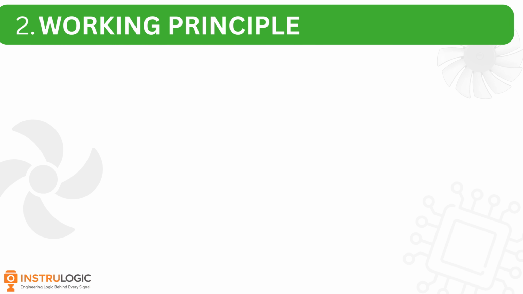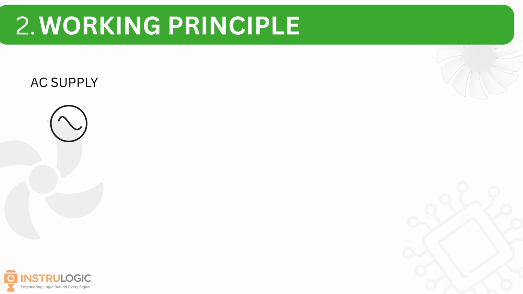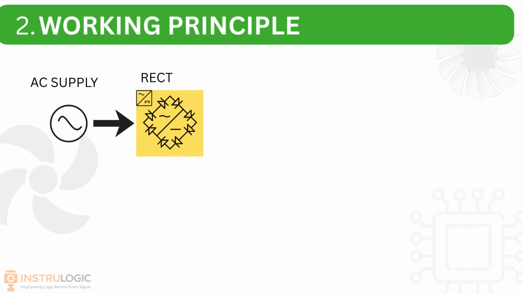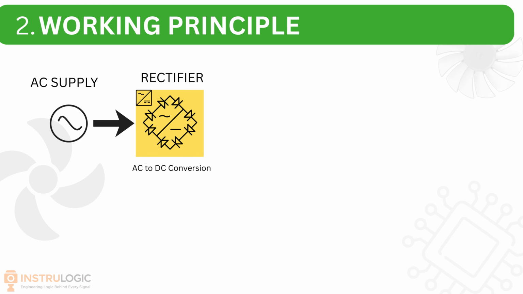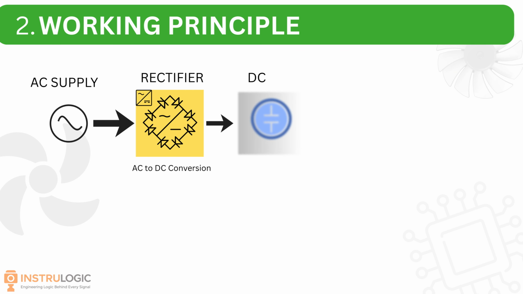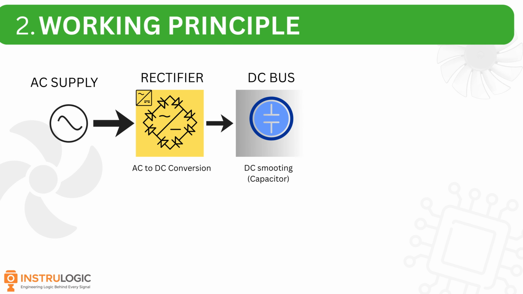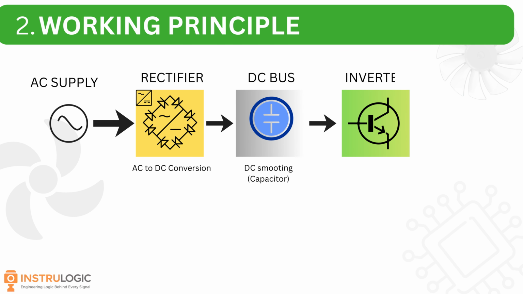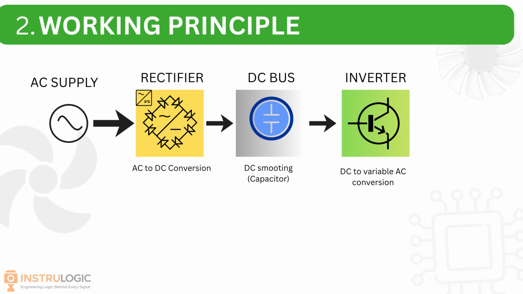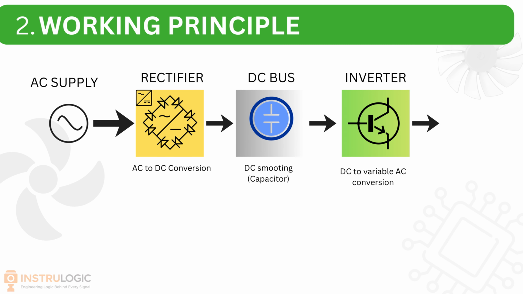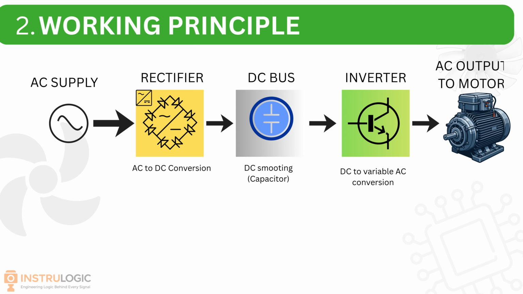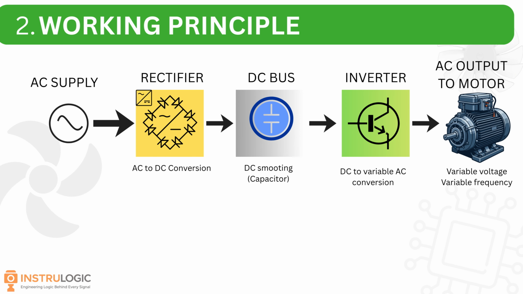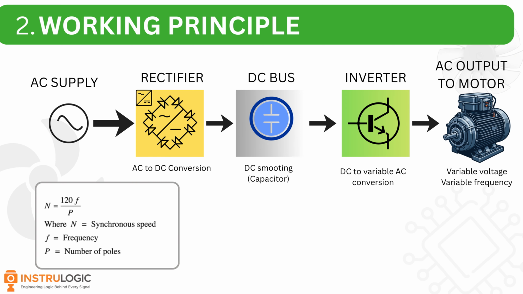Now let's understand the basic working principle of a VFD. The incoming AC supply first enters the rectifier section, where it is converted into DC power. This DC power is then smoothed and stored in the DC bus using capacitors. Next, the inverter section converts the DC back into AC, but with variable voltage and variable frequency.